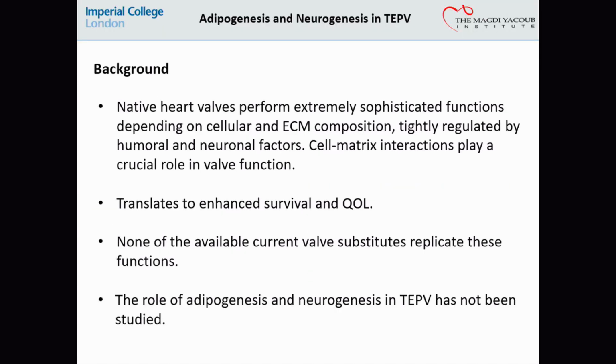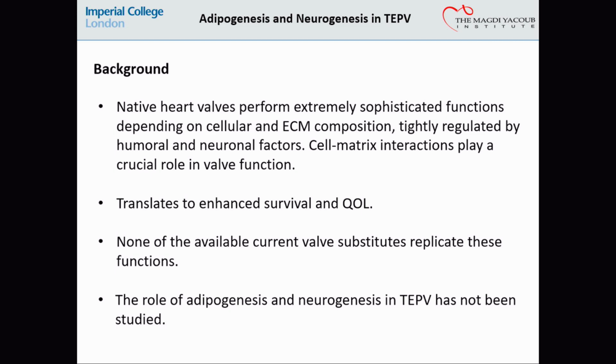So as a background, native valves perform extremely sophisticated functions, and this depends on their specific cellular phenotypes as well as the extracellular matrix composition, which is spatially distributed, and this is tightly regulated by humoral and neuronal factors.